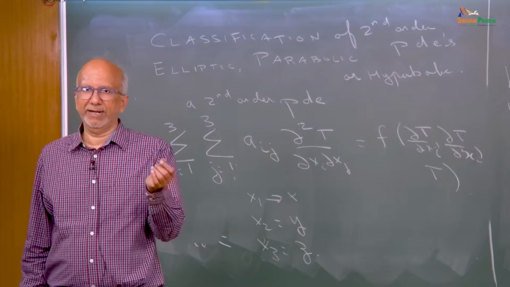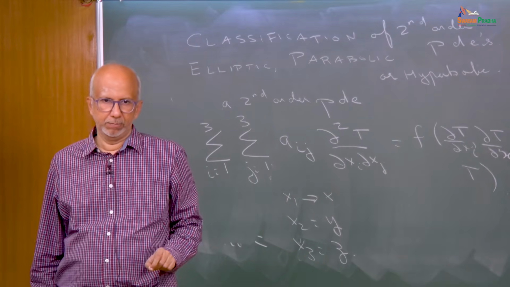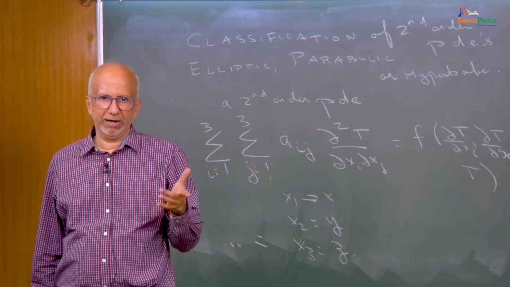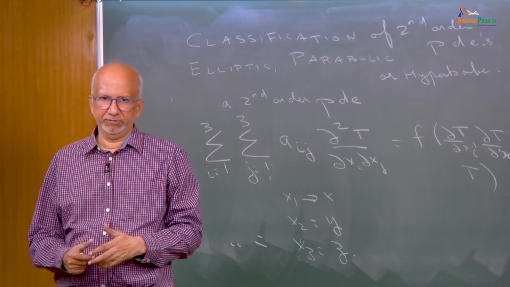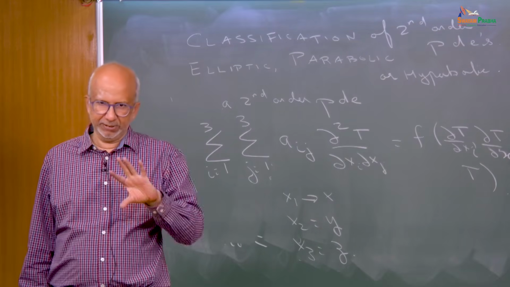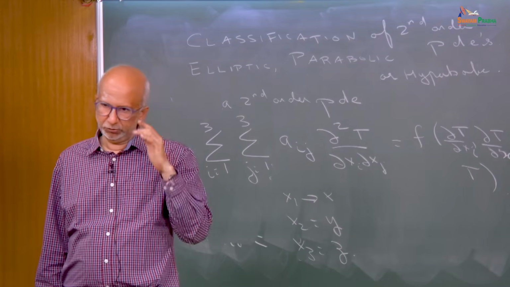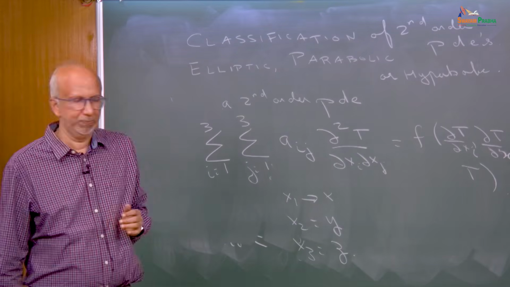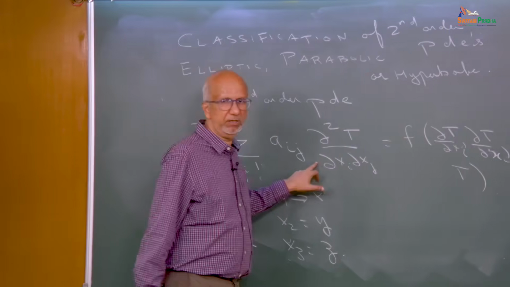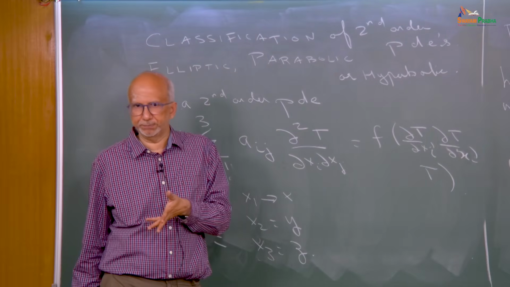Rather than write x, y, because then I can't do the summation sign, I have to write 9 terms, because I will have the second order, the mixed derivative, and all those terms are going to show up. I will write each and every term. So, this helps me give a compact representation of my second order term.